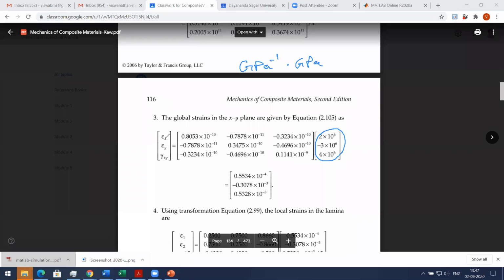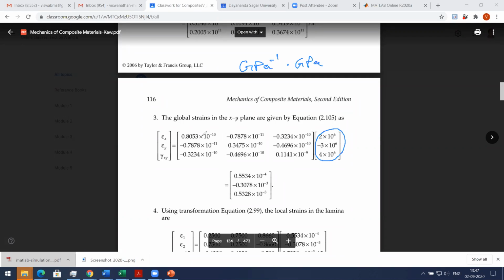Okay, so this is the strains. Please maintain the units properly. You cannot have MPa here and GPa inverse here. When you're multiplying, make sure these two are in the same units. Then you just multiply these two and you'll get the global strains.